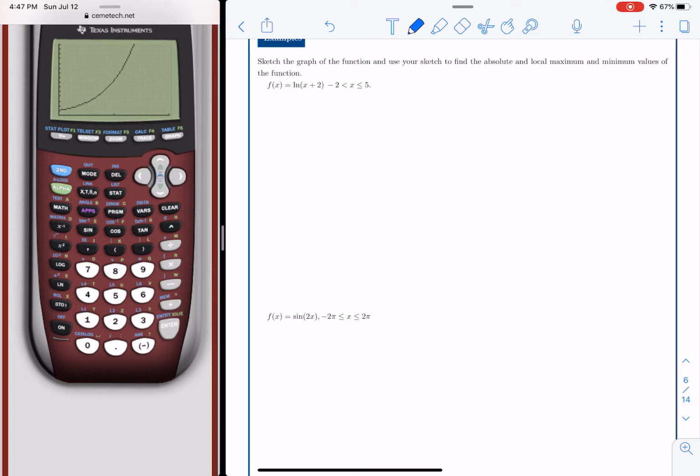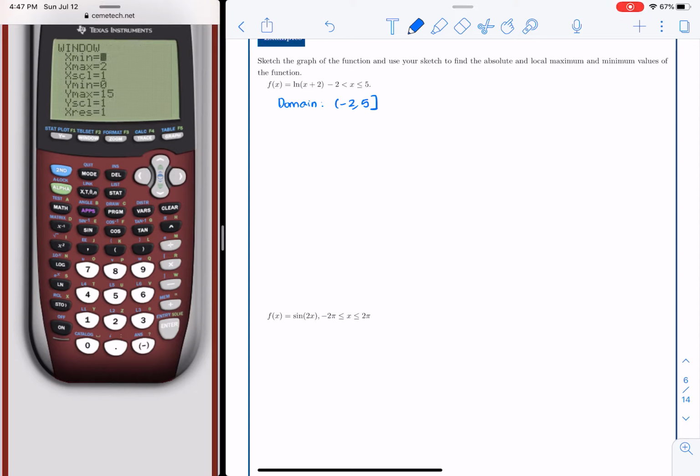Here's one with logarithmic functions. So let's make use of the calculator, sketch the graph, and make our interpretations using the graph. So ln of x plus 2 minus 2, and the domain is from minus 2, we're not including minus 2, all the way up to 5, we are including 5.